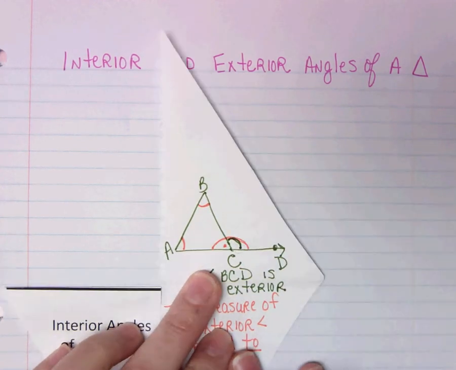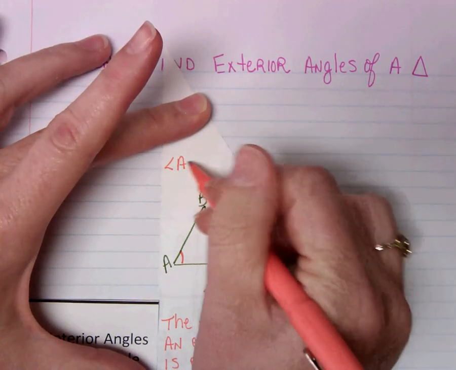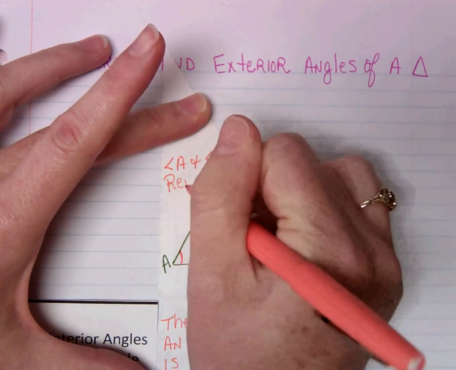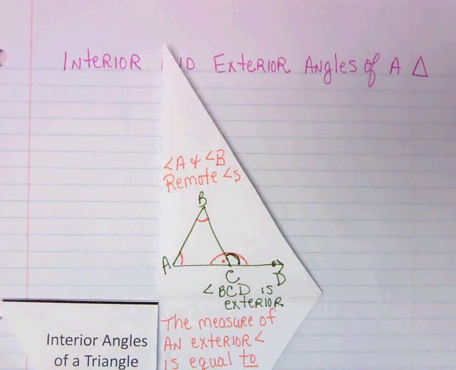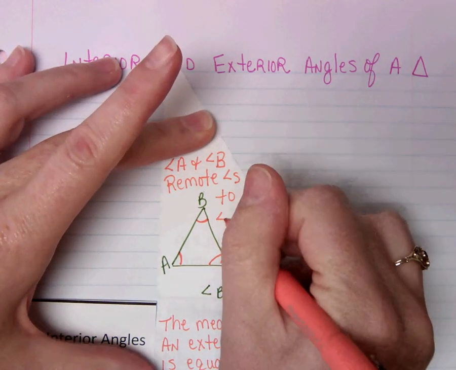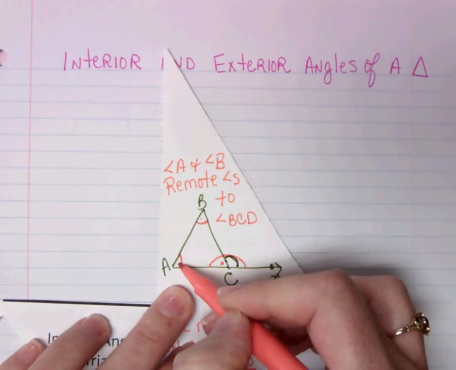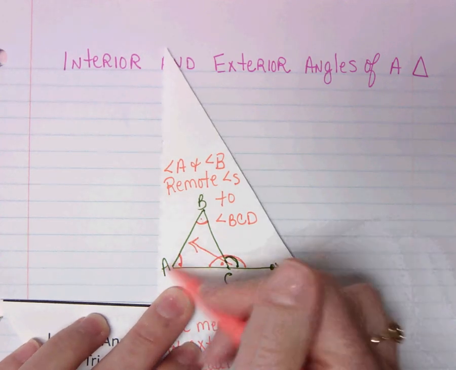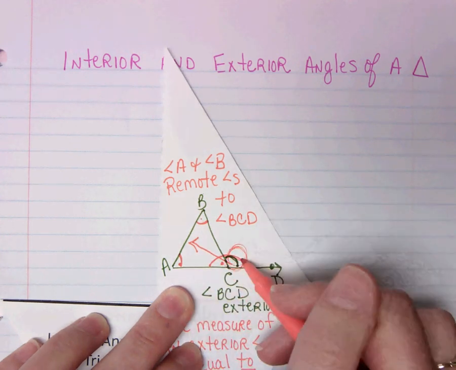So basically in our picture, because that didn't sound really helpful either, angle A and angle B are the remote angles. Remote meaning further away. They're the furthest away from it. They're the remote angles to angle BCD. So these two angles are the furthest away from angle BCD. So if I add them together, they will be equal to whatever this is.